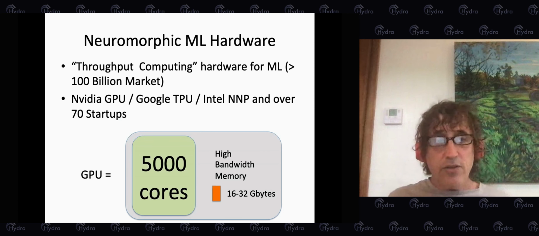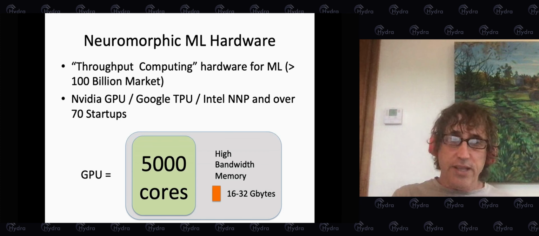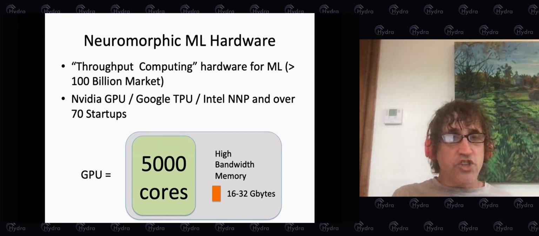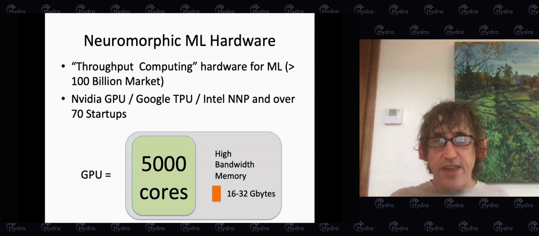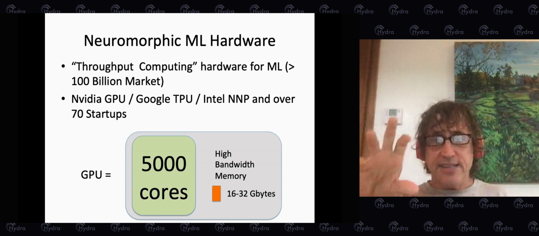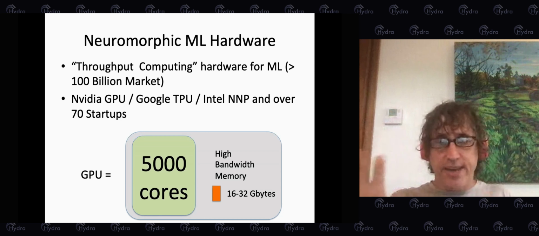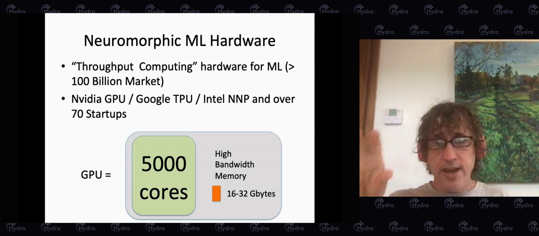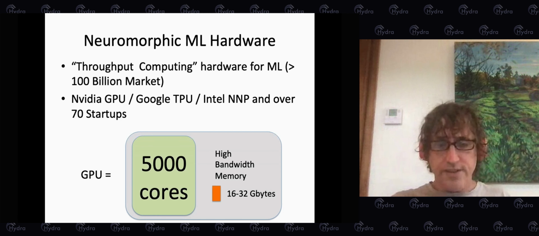It turned out that GPUs have a really great amount of parallelism, which fits with what we think about when we think about brains. So a GPU has 5,000 cores, and it has about 16 to 32 gigs of high bandwidth memory. This is memory that allows you to be connected to the cores.